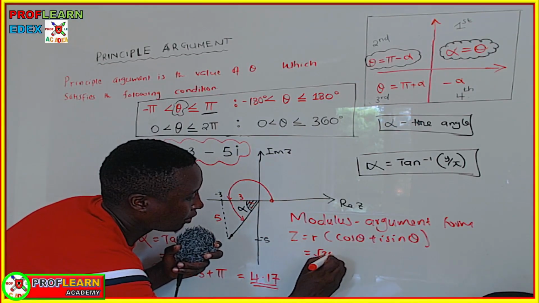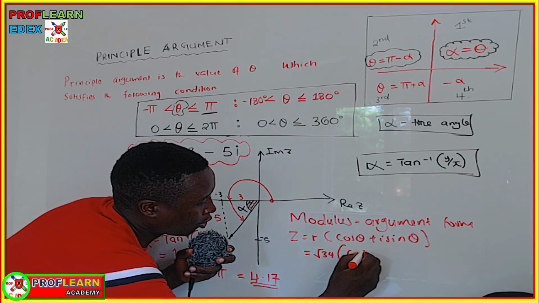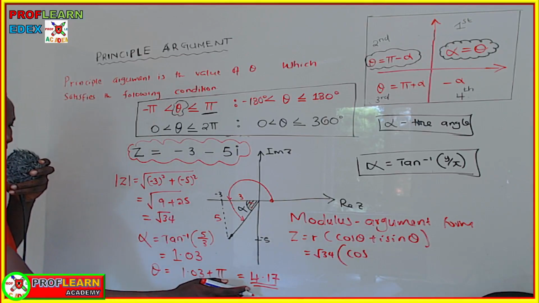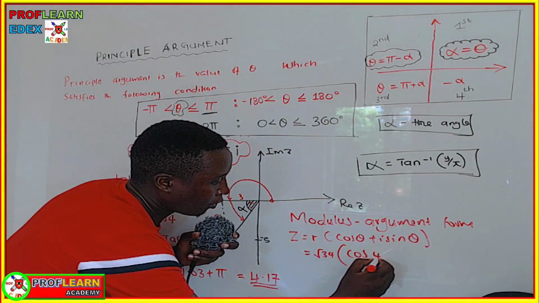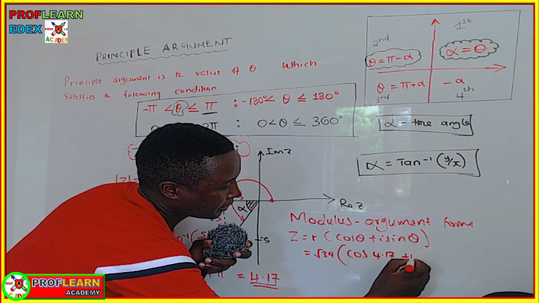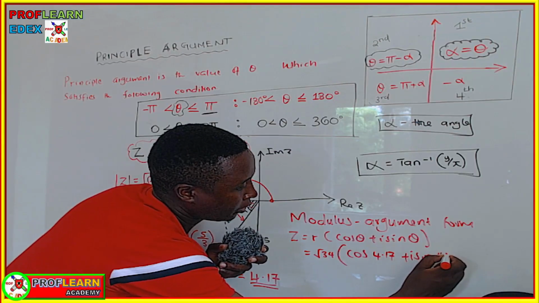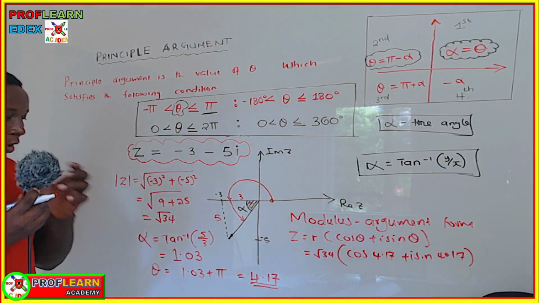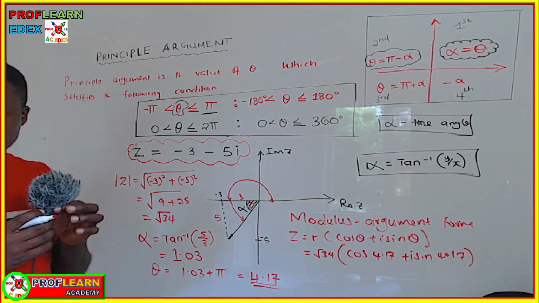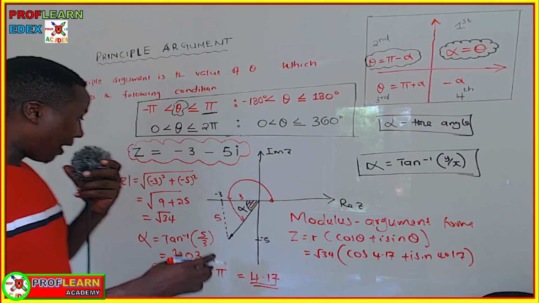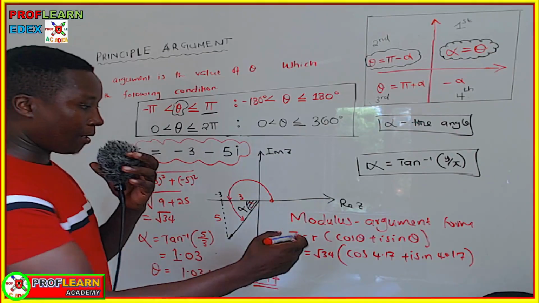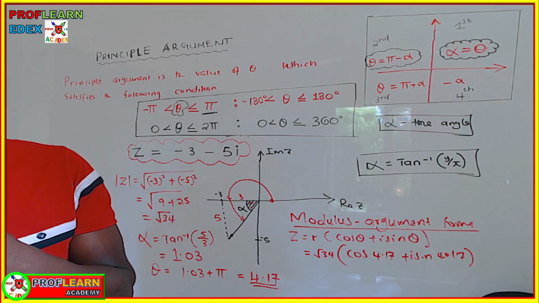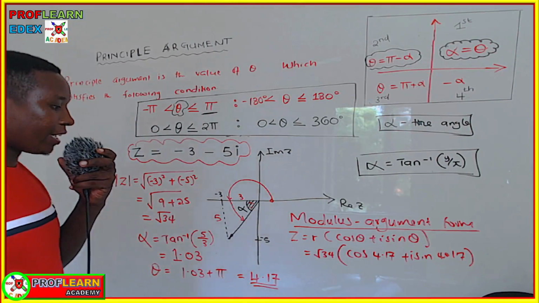For the cosine, we use theta, the principal argument, which is 4.17, plus i sine 4.17. So that's where we use this principal argument whenever we are trying to write a complex number in modulus argument form, or in any other form like exponential form.